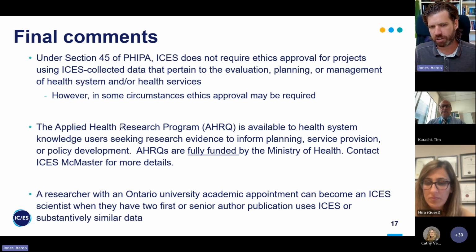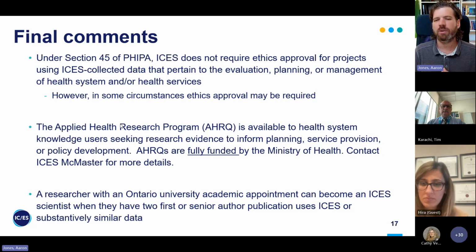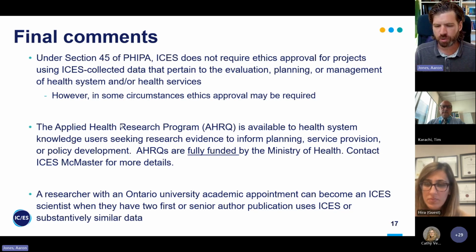They decide whether it's going to get funded or not, and if it's approved, then those are fully funded by the Ministry of Health. Again, this is not meant for research projects that would be fundable through the typical streams, but rather specifically for knowledge users who are looking to access ICES data when there's a direct link to what's going to be produced and how they're going to use that to improve their planning or service provision.